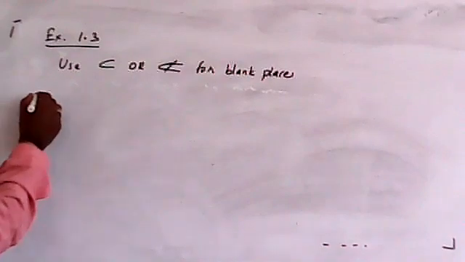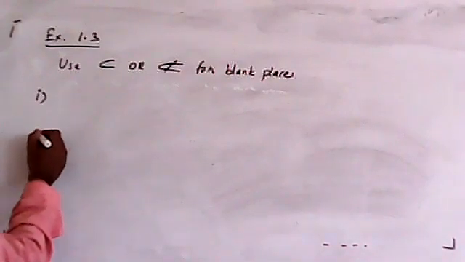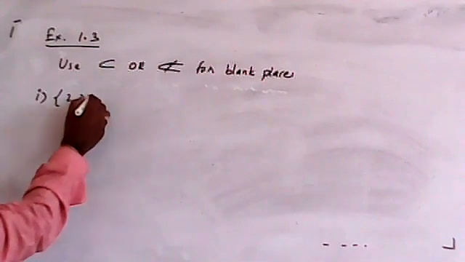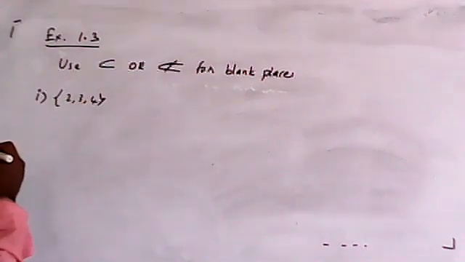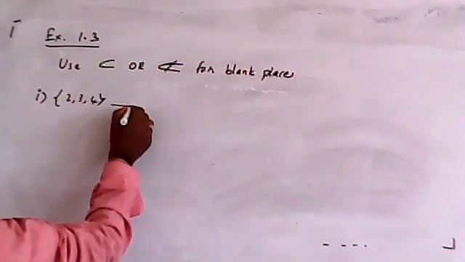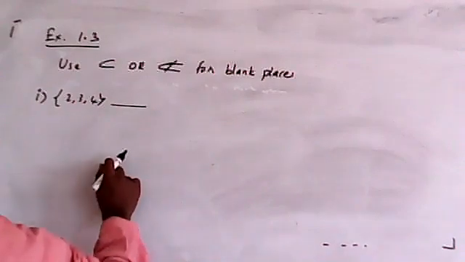The first one I will give. There is a set having 2, 3, 4, and here they have given 1, 2, 3, 4, 5.